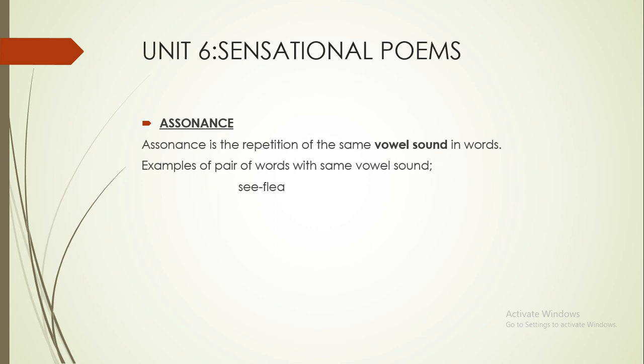Look at the first example, see and flee. We have the same vowel sound at the end of those words. Our next example, spoke, croak. We also have the same vowel sound under O. Our next example is play and afraid. We have the same vowel sound under the sound A in those two words. As you're proceeding on, you're realizing that these vowel sounds don't necessarily have to be the same letters.